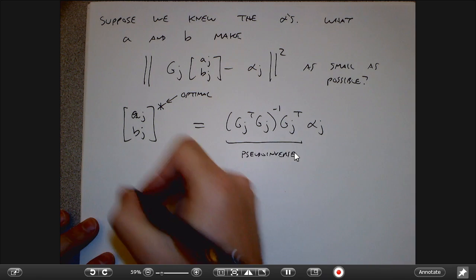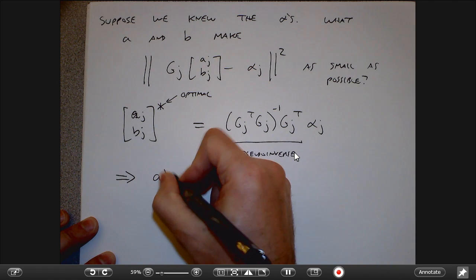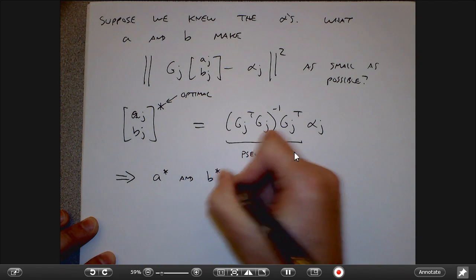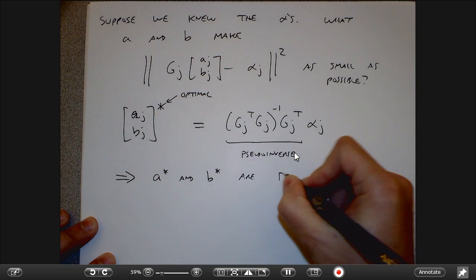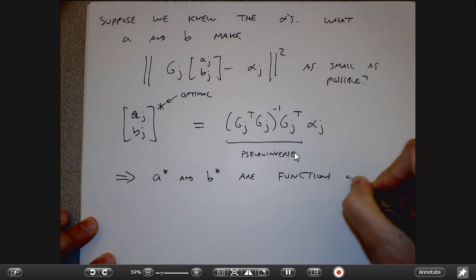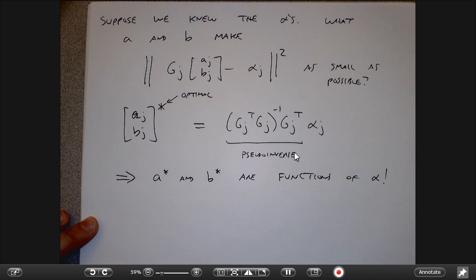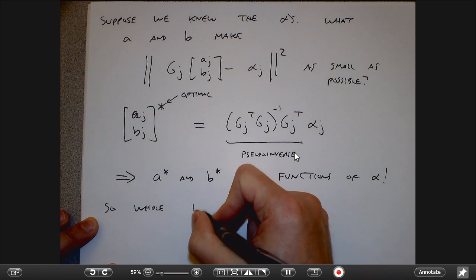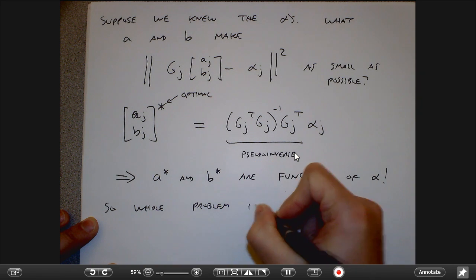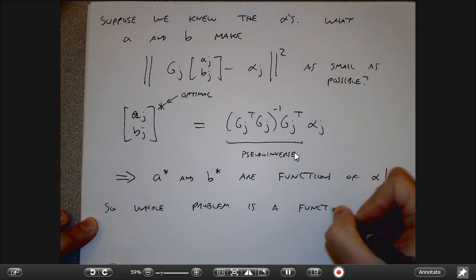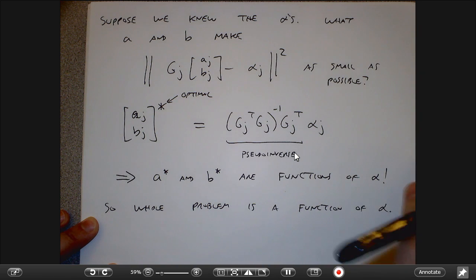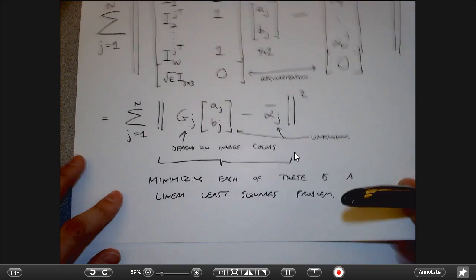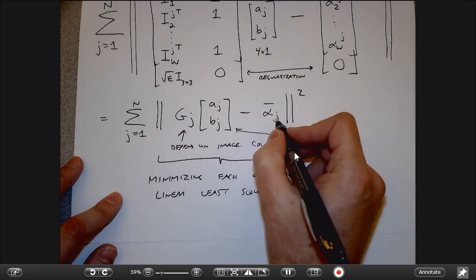And so this is nice. It says that A star and B star are functions of alpha. That means that we can take this whole problem and turn it into a function of alpha. So the whole problem is a function of alpha. What I mean is that I can take my original problem that I'm trying to solve and say, hey, if I knew this, I would know that.